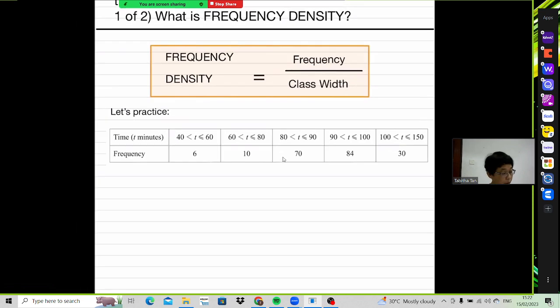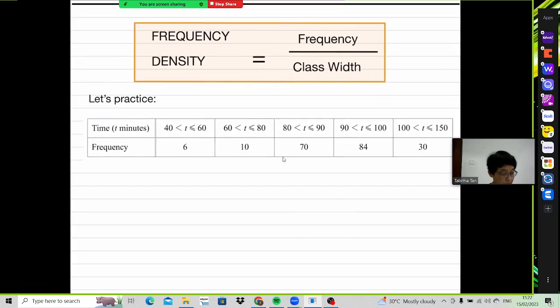I've got a practice question which is from the previous section of the paper just now. We were given a frequency table. This is the time in minutes, and this is the frequency. Within 40 to 60 minutes there are probably 6 students, and so on, and between, for example, 80 minutes to 90 minutes, that's 70 students.